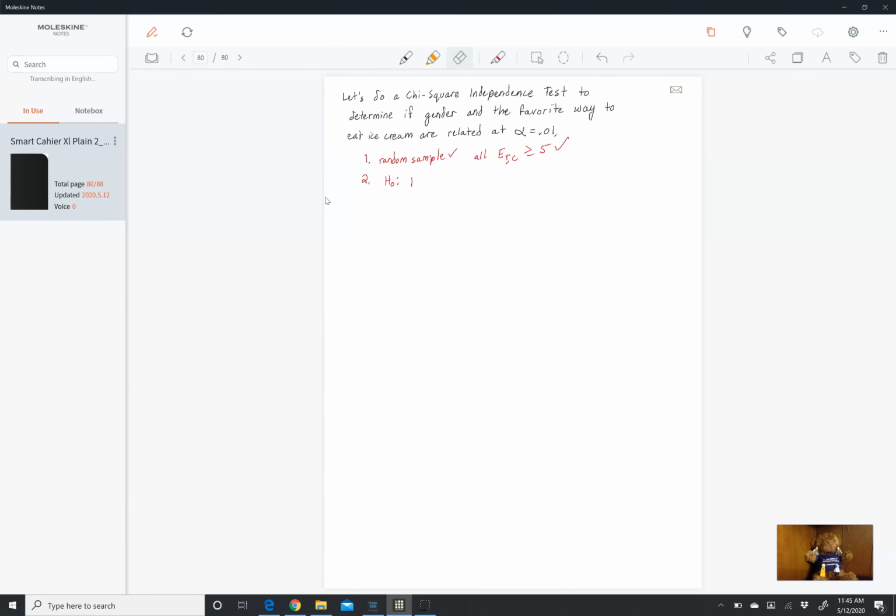So we indicate our variables: the variables gender and favorite way to eat ice cream are independent. And then our alternative hypothesis is that they are dependent.